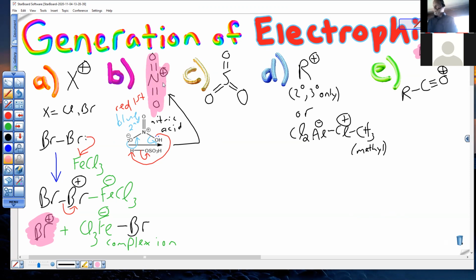Doctor? Yes. When you did this mechanism, are we supposed to break the pi bond between the N and the O first? Oh, you're good. You're a good student. You've been listening. You're making me proud right now. Yeah, if you wanted to be even more accurate with your description, you could do this. And I would be perfectly happy if you did this.